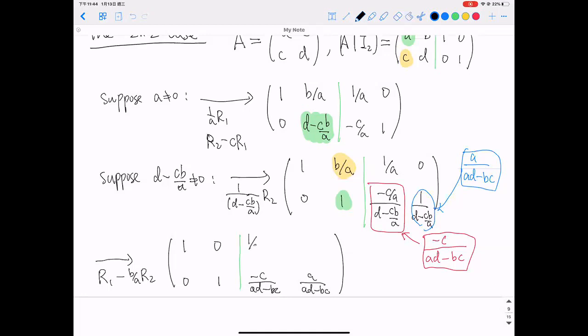Now, down here, it's 1 over A minus B over A times minus C on AD minus BC.